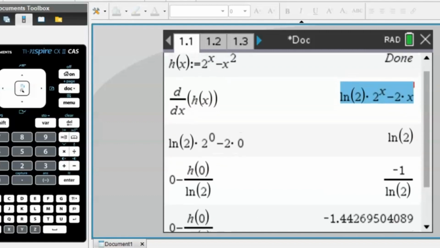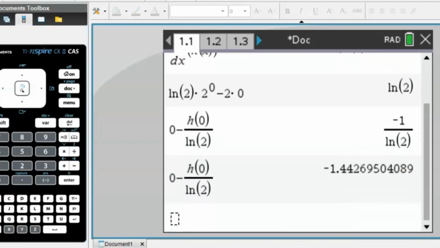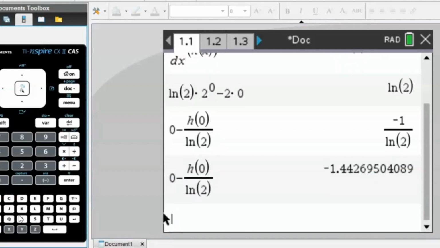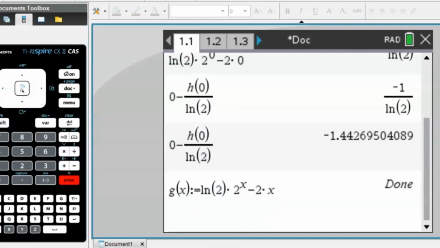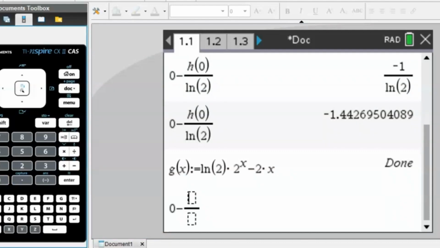If I do that, Control C and substitute. Well, can I actually define that to be g of x? Why not? And I can just put it in there, much easier. I can define the function as a function, and I can just do this, 0 minus, is to be h of x, and I get this answer.